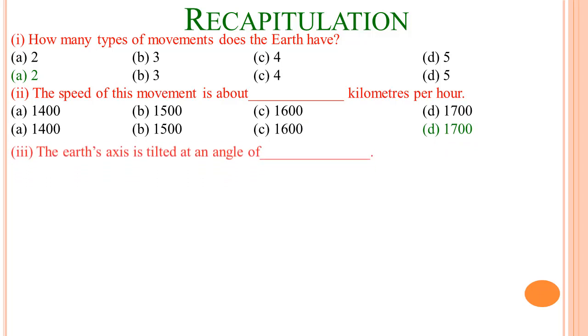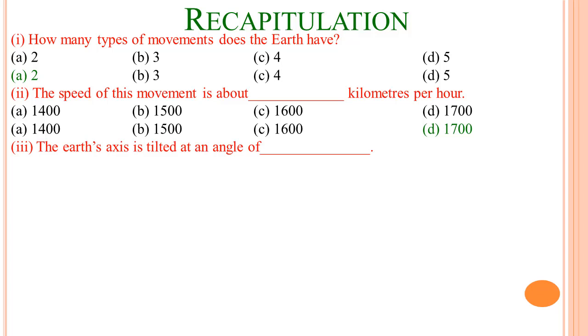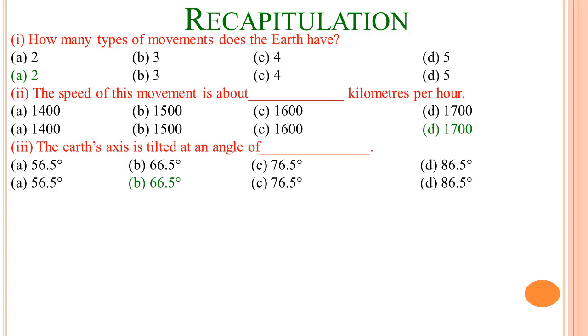Statement number 3. The Earth's axis is tilted at an angle of. The options are 56.5 degrees, 66.5 degrees, 76.5 degrees, 86.5 degrees. And the right answer is 66.5 degrees. Statement number 4. The movement of the earth is from west to.